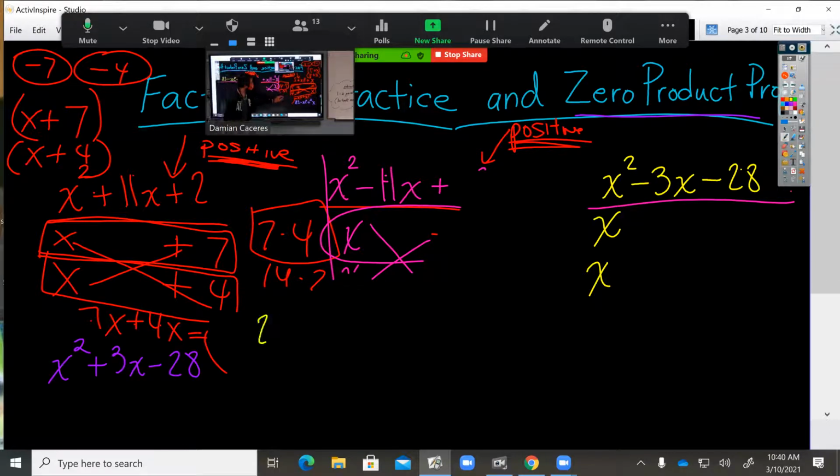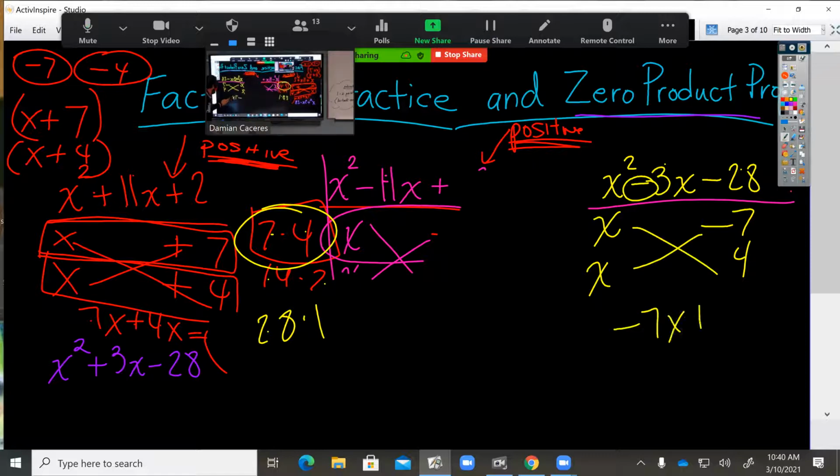Like I said, 28 was 7 and 4, 14 times 2, 28 times 1. 7 and 4 are the numbers again, because that's the only set of numbers that can give me 3. So we know it's 7 and 4, but positive 4 times positive 7 is not negative 28. That tells you that one of these has to be negative. If the middle number is negative, the bigger number is negative. That's it. Now you have the correct setup. Your middle number is going to match.